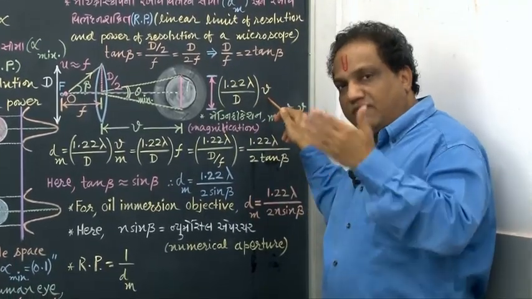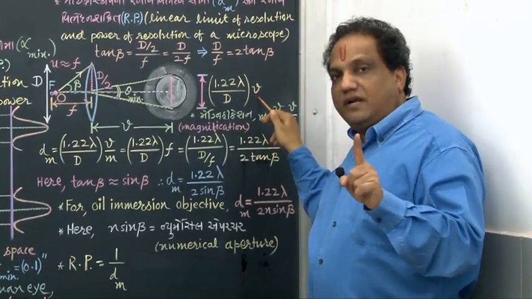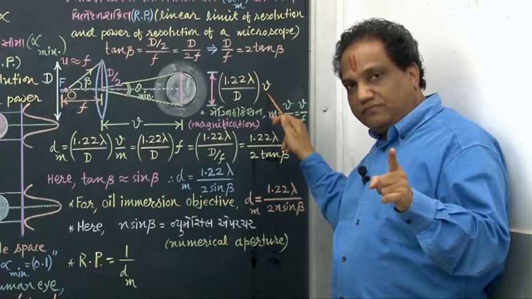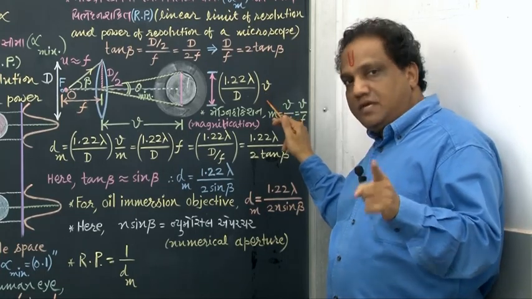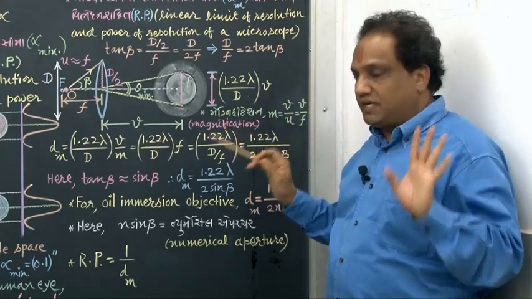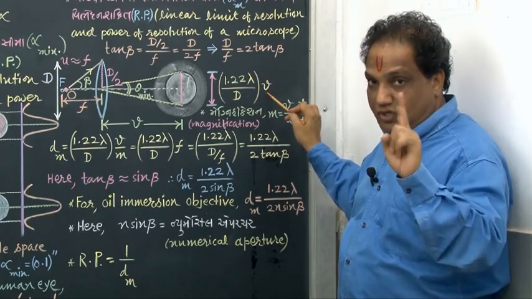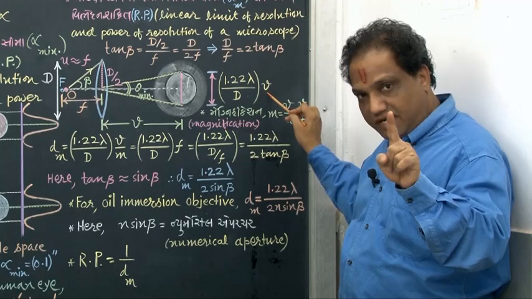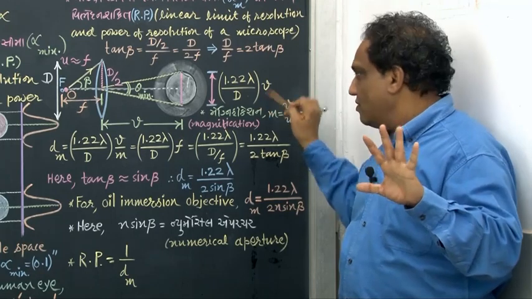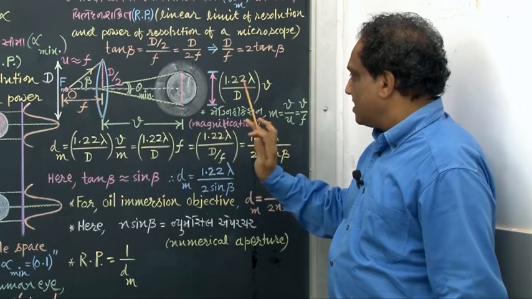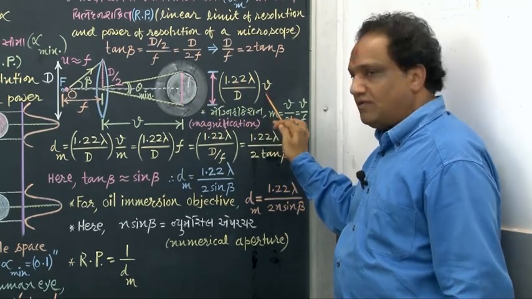In the description given below the figure, they have correctly given this value, this into v. But in the figure they have committed a mistake. In the figure they have written this bracket into F, which is wrong. It is not F, it is small v. In the description they have put this value correctly. So now this much is the width of the central maximum, this into v, got it?